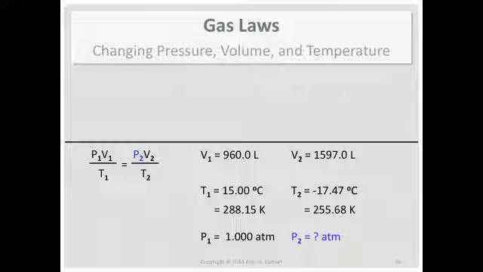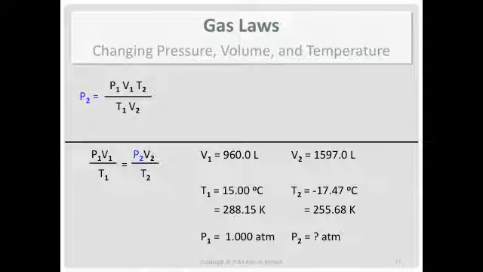In other words, like this. So the variable I want is P2 equals, and everything else is on the right-hand side. Because now, all I have to do is plug in my information.